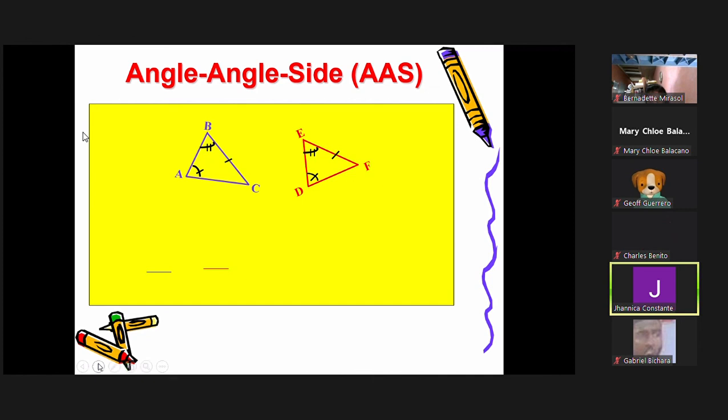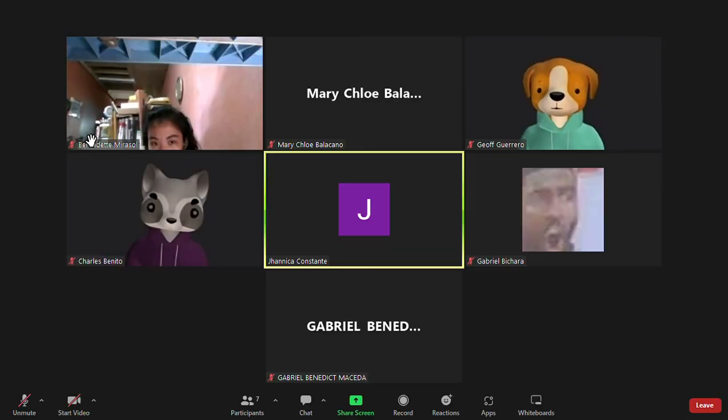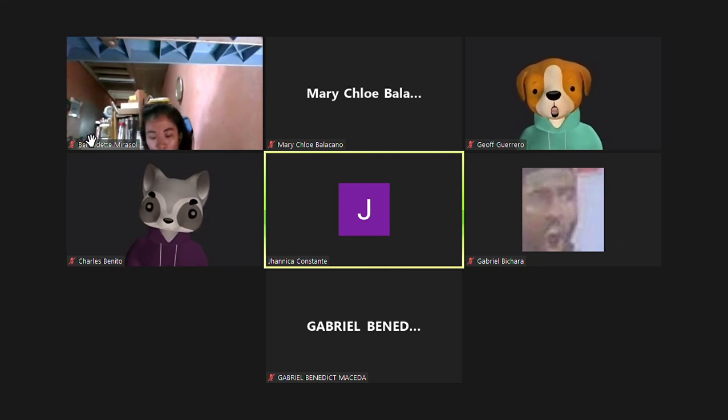Kahit hindi pare-parehas ang measurement ng side or even the angle, you can still prove that the two given triangles are congruent by just identifying the proportion of the corresponding parts of the triangle. Okay? For example, we have this triangle.